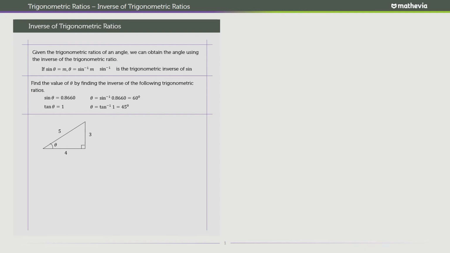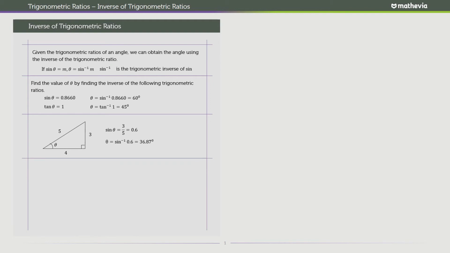We pick any of the two, and in this case I'm going to work with sine. The sine of this angle is 3 divided by 5, the opposite divided by the hypotenuse, which is 0.6. To find the angle, we find the sine inverse of 0.6, and if you put that into your calculator, you end up with 36.87 degrees.